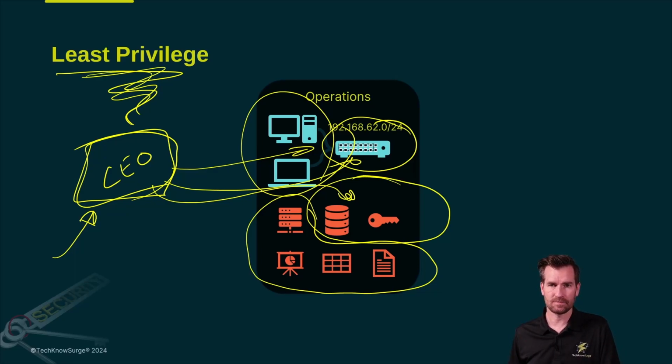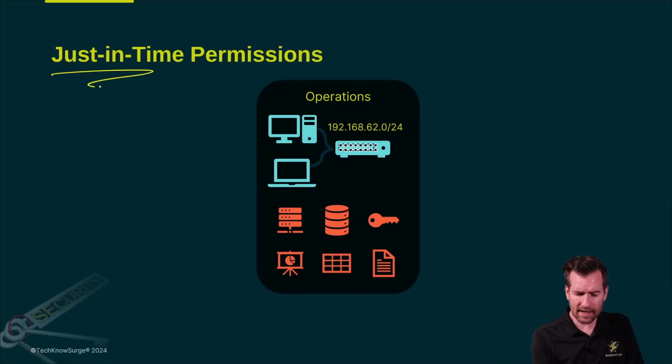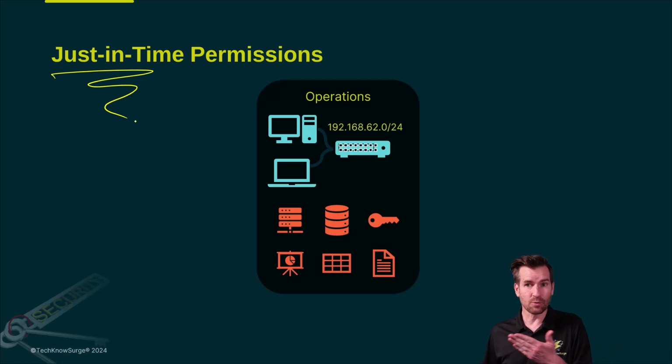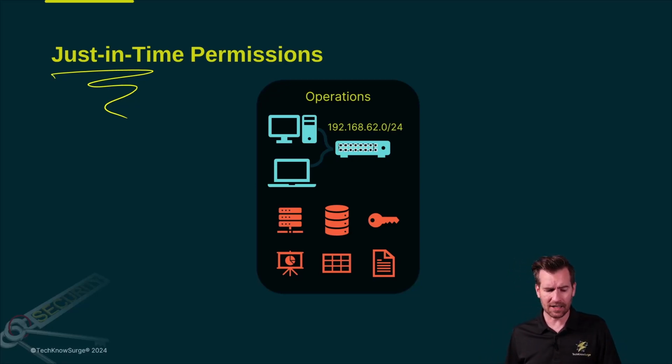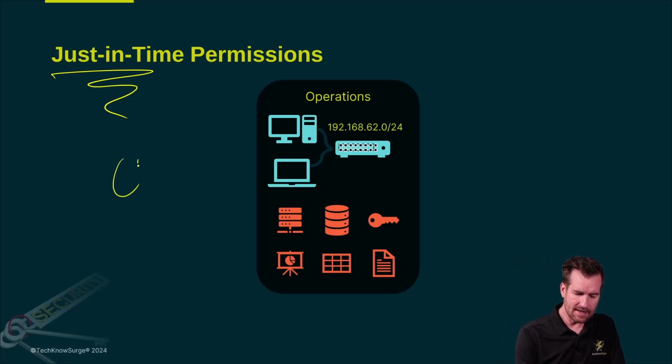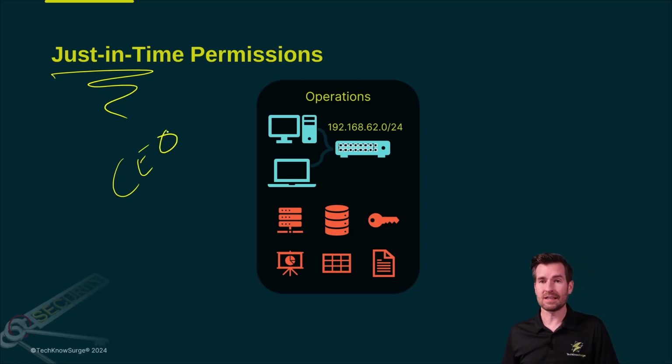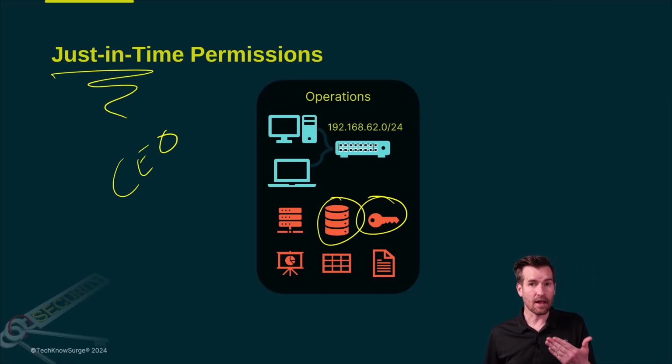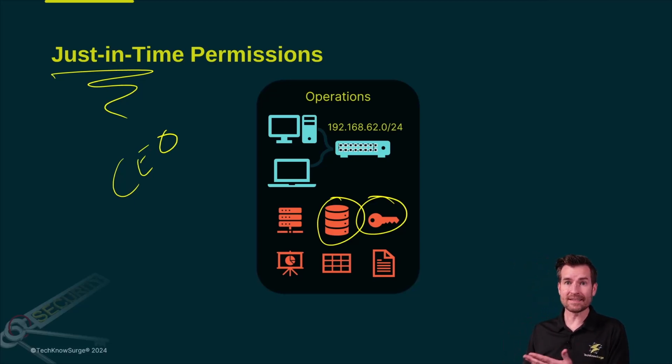Along with least privilege, we don't want to give them access for certain resources for too long also. So for instance, that CEO, maybe there is, for some reason, they do need to have some sort of access, some sort of key access, maybe it's some sort of database access that they wouldn't typically have, but they just need to run some reports.